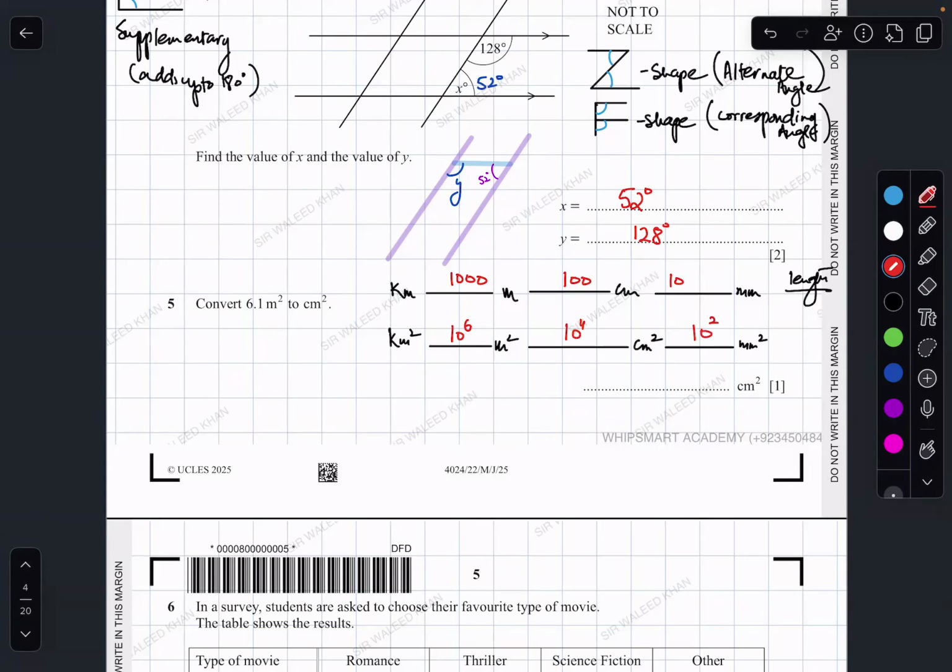So I have to convert the meter square to centimeter square. That means I have to move in this direction from bigger to smaller, so I'm going to multiply it with that 10 power 4. So that means 6.1 times 10 power 4, or you can write it as 10,000, will be equivalent to 61,000. That's how you convert it.